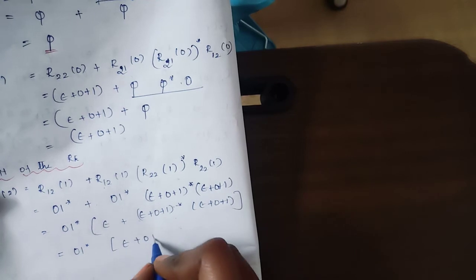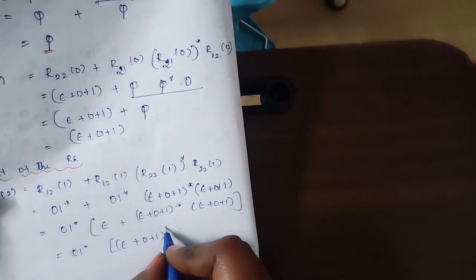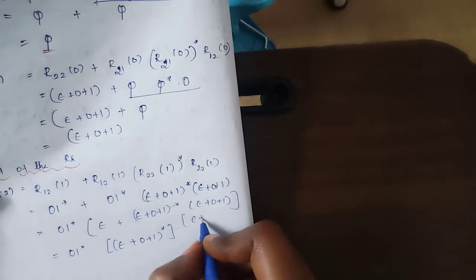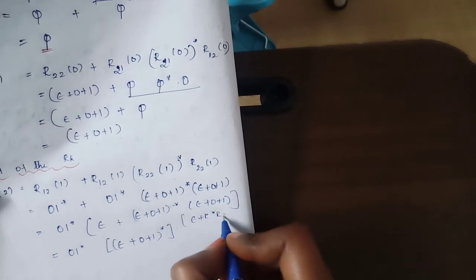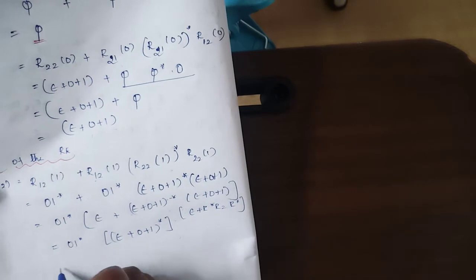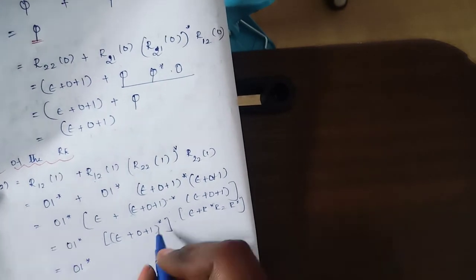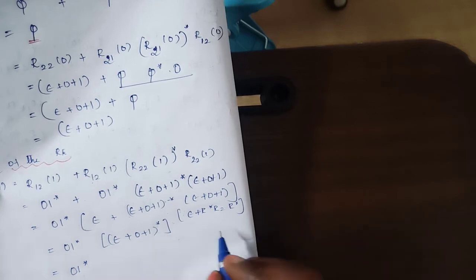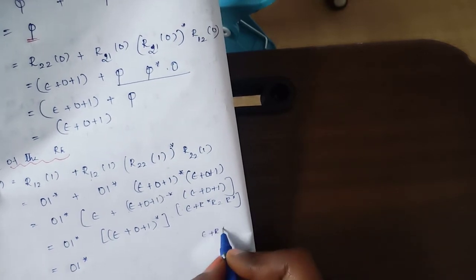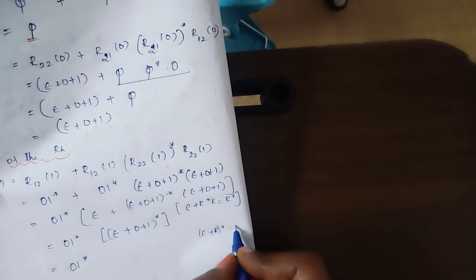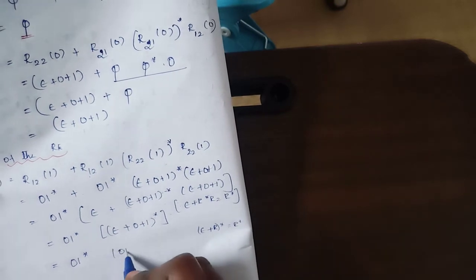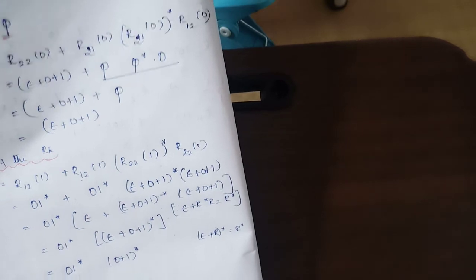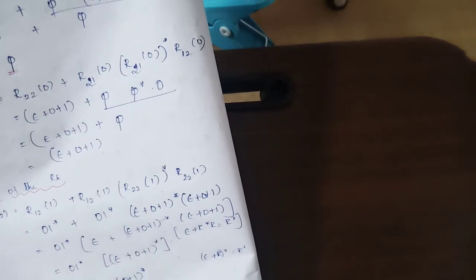Since epsilon plus r star is equal to r star, right? Okay, 0 1 closure, and you have this epsilon plus r. So epsilon plus r the whole closure will have r closure. So 0 plus 1 the whole closure. So this is our final regular expression.